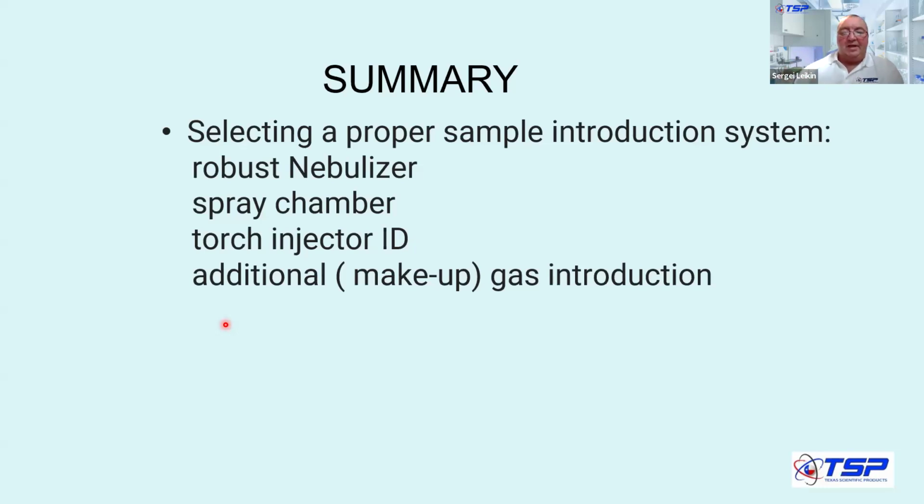If you go organics or high volatile, the injector ID should be narrow. If you go high salt, it should be wider. And as I mentioned, additional or makeup gas introduction is very, very beneficial.